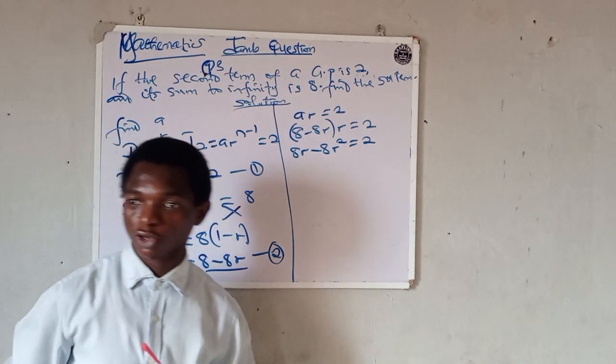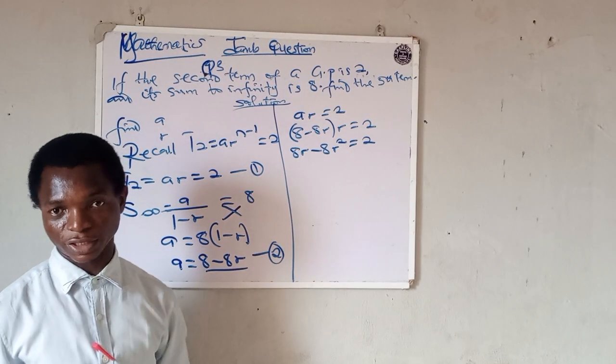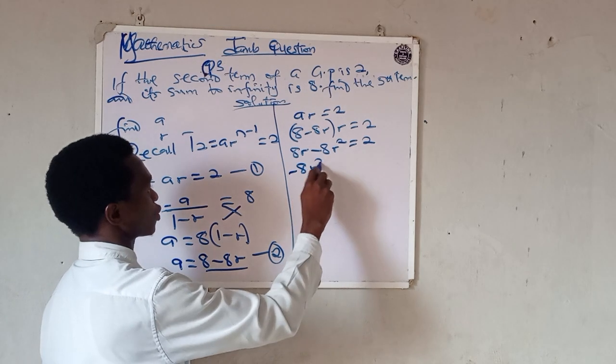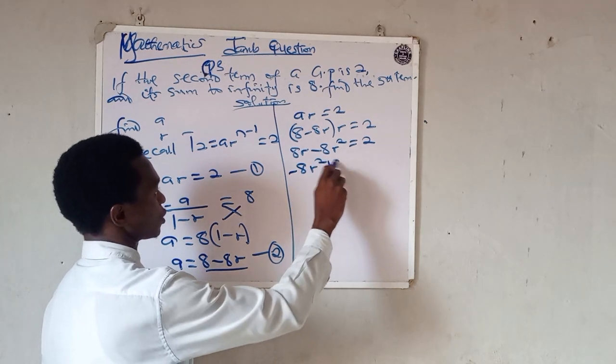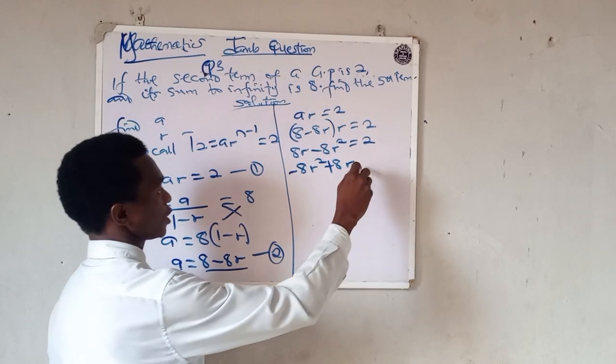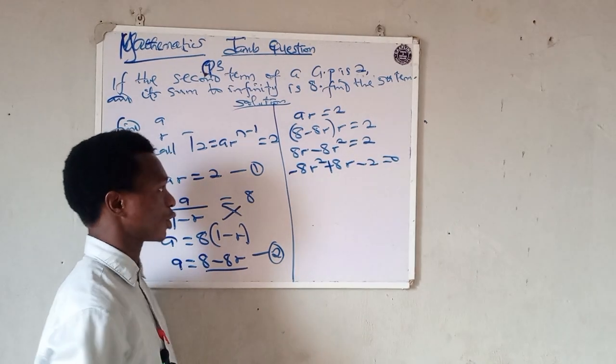We arrange our terms so it results in a quadratic equation. Your minus 8r squared plus 8r, bring your 2 to the left, it changes to minus 2, and everything will equal 0.